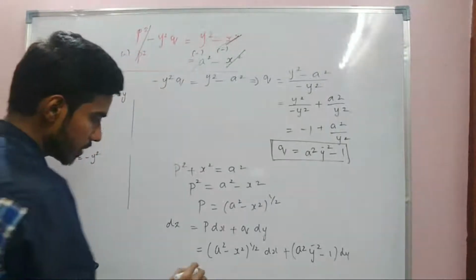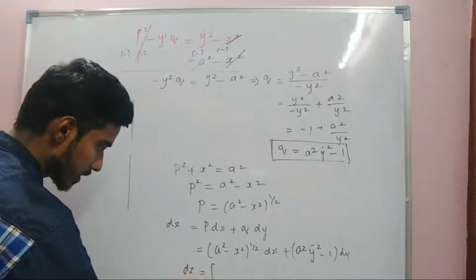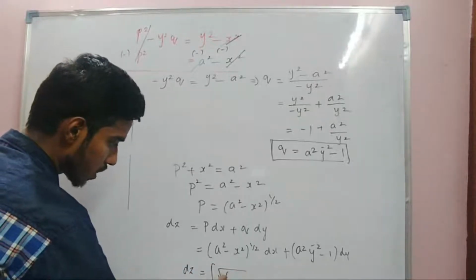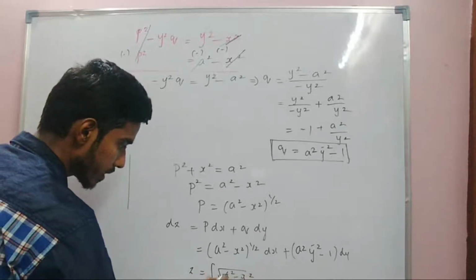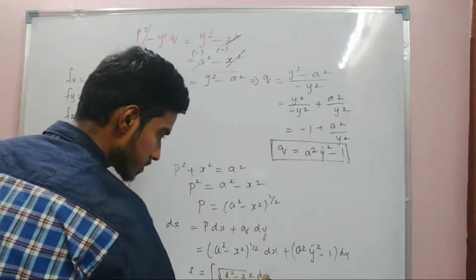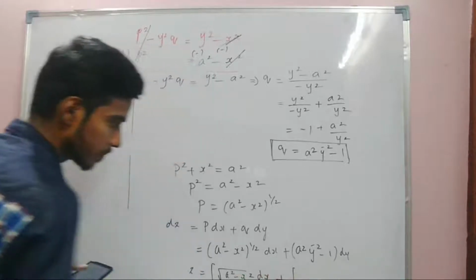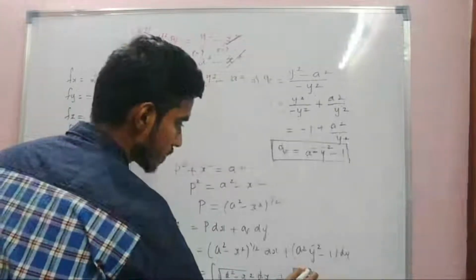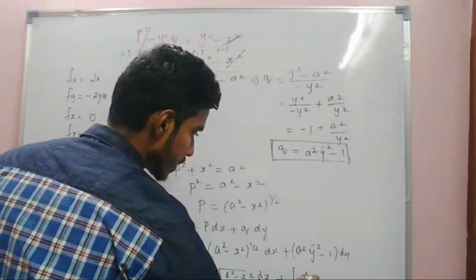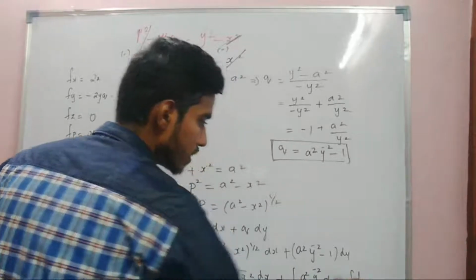So z is equal to integral square root of a square minus x square dx, plus integral a square y power minus 2 dy, minus integral dy, right?